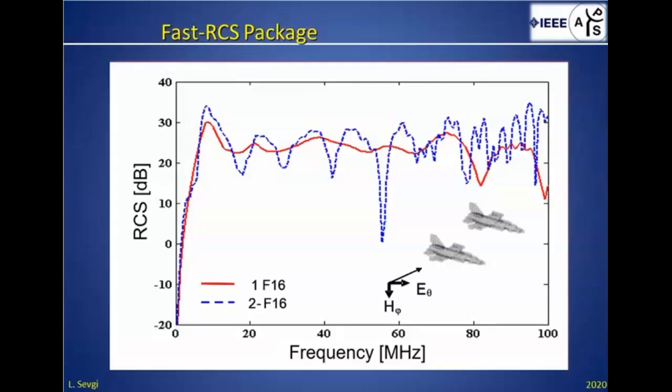So the red one belongs to a single F-16, but the dashed blue curve gives you the RCS for two F-16 flying side by side. As you see, as the frequency changes, at some frequencies, single target RCS is more than double target RCS.